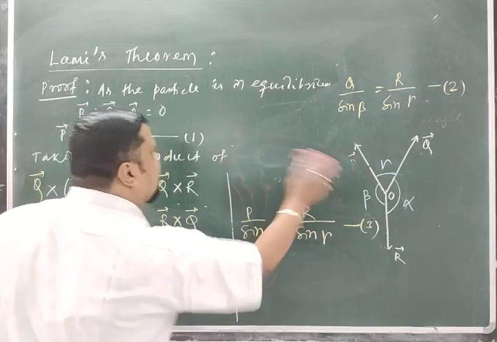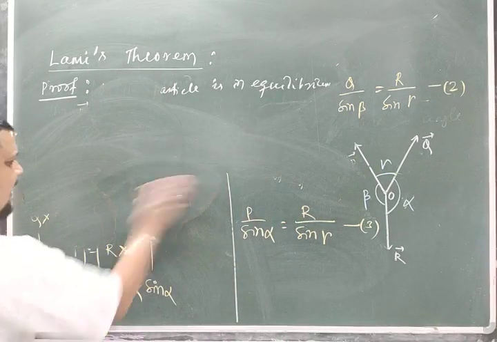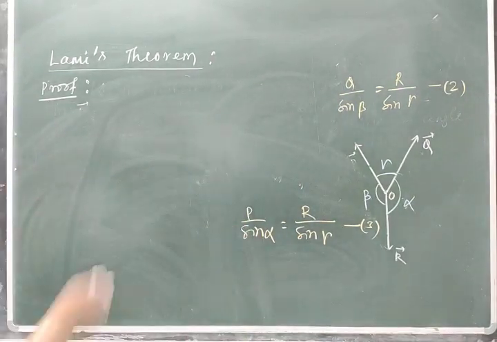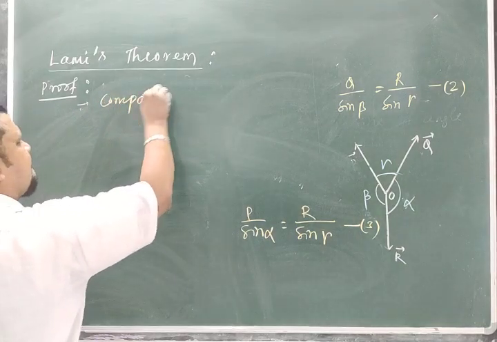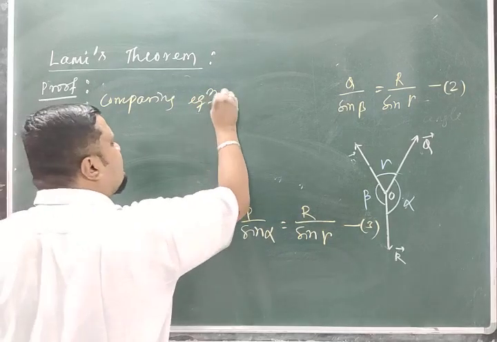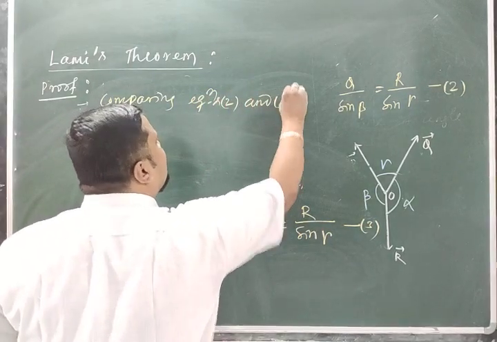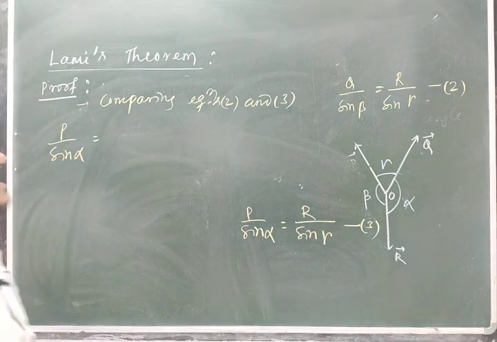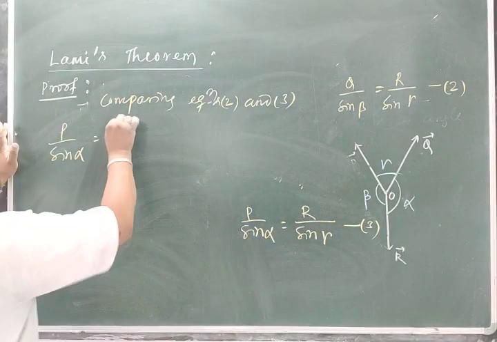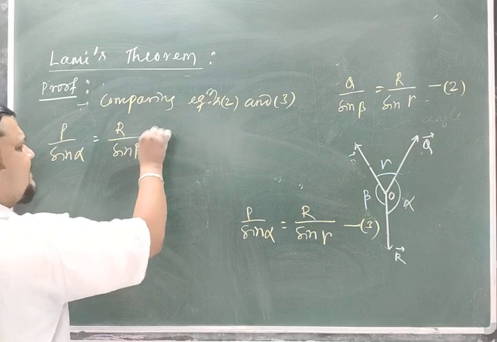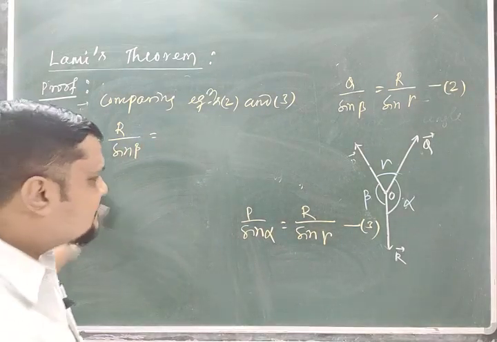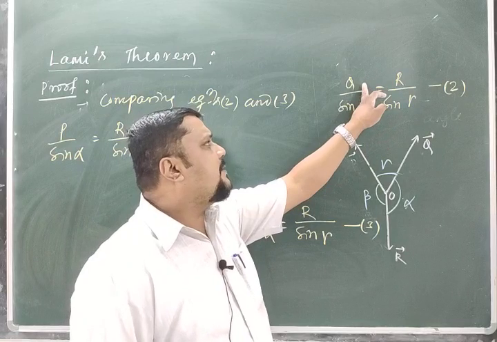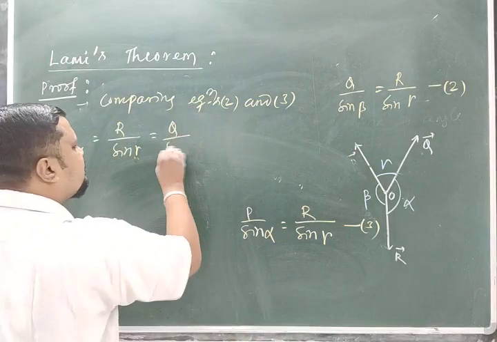Now comparing equations 2 and 3. P by sine alpha is equal to R by sine gamma, and according to equation 2, R by sine gamma is Q by sine beta.